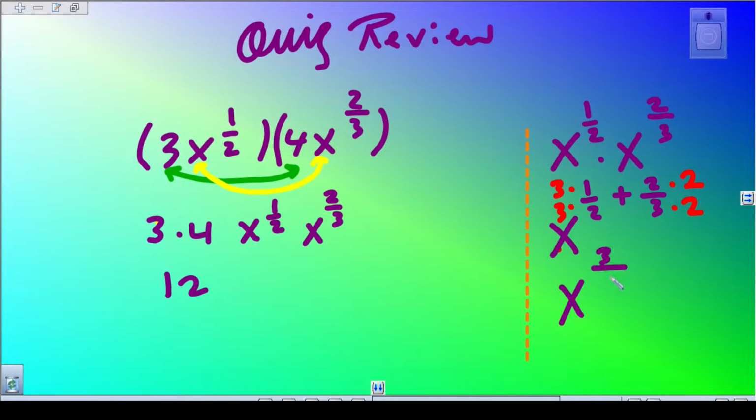Got 3 over 6 plus 4 over 6, which is going to make it interesting. X to the 7 over 6. Okay. Now I'm going to go back here and put that as my answer, except there is something. I mean, they wanted me to simplify, so simplify.